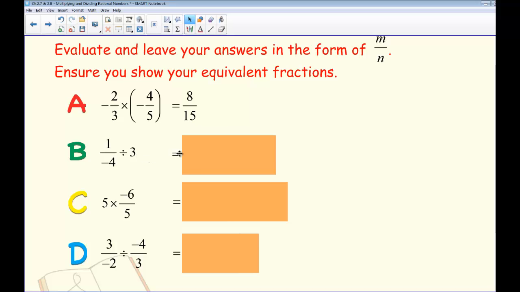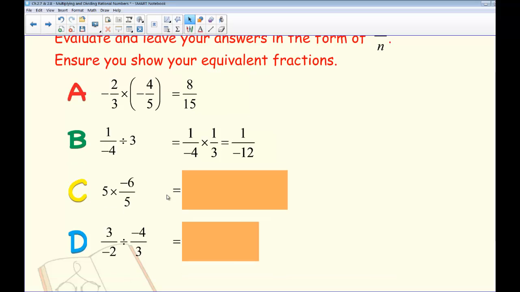So therefore, we have negative 1/4 times the reciprocal of 3, which is 1/3. So I'll write that out as is. 1 over negative 4 times 1 over 3. So that is my equivalent fractions. Multiplying that out, the top by the top is 1, bottom by the bottom is negative 12. 1 over negative 12 is my final answer.